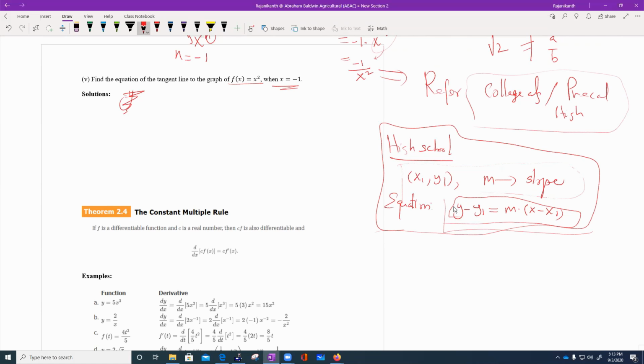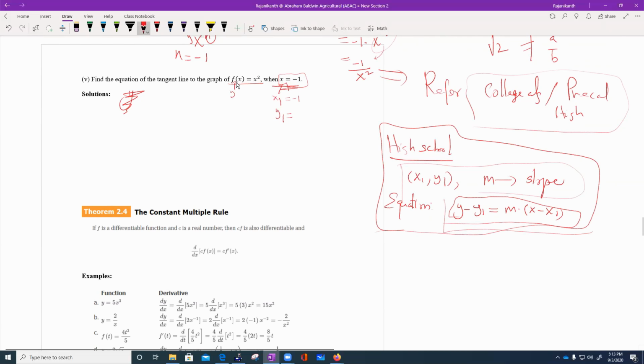So now you know the point. We are looking at the point where x is -1. Basically, this is your x1. Then how do you find y1? If you know the x value of the point, simply plugging that x value into the formula will always give you the y value, right? f of x means y.